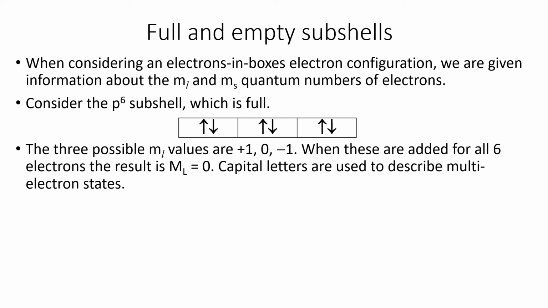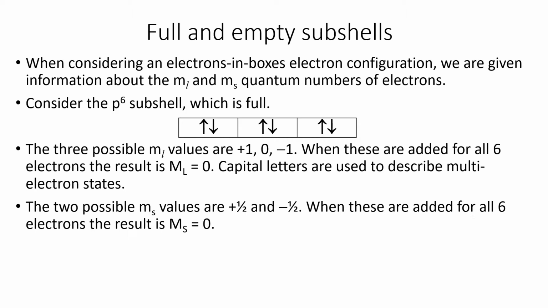And likewise, when we're considering the spin states, the plus half and minus a half for the m_s, of course when you add these all together, because we've got equal numbers of up and down electrons, they also combine to give 0. So putting it in capital letters now, capital M_S equals 0.